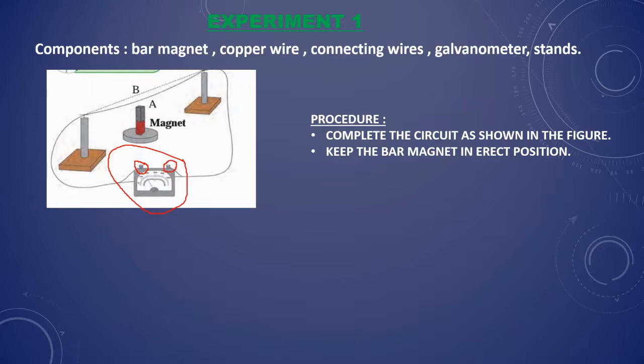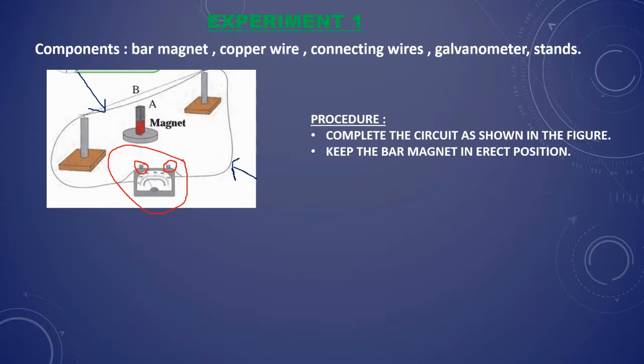These 2 ends of the galvanometer are connected to a copper wire. Now this is a copper wire which I am marking with blue color, and this wire is a bit thick, and the 2 ends of the galvanometer are connected to this copper wire via connecting wires. And the one which I am marking with blue color over here with an arrow, these are the connecting wires.